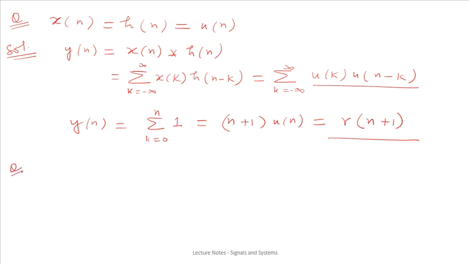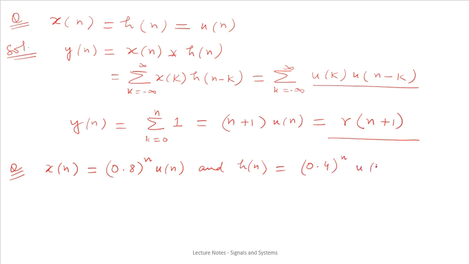One more similar type of problem. Let's suppose that xn is given as 0.8 raised to the power n un, and hn is given as 0.4 raised to the power n un.